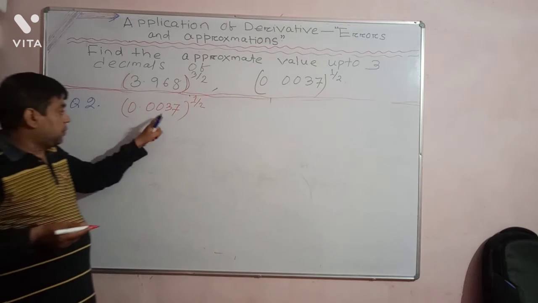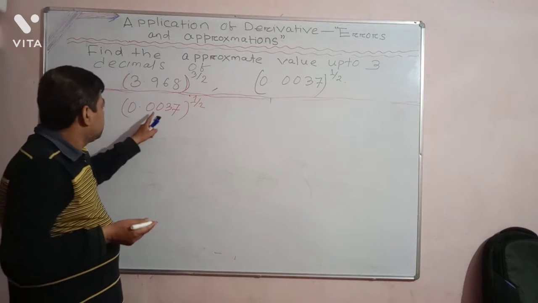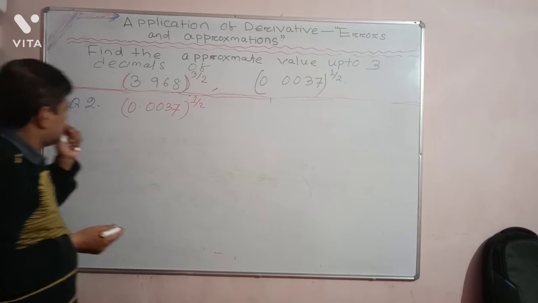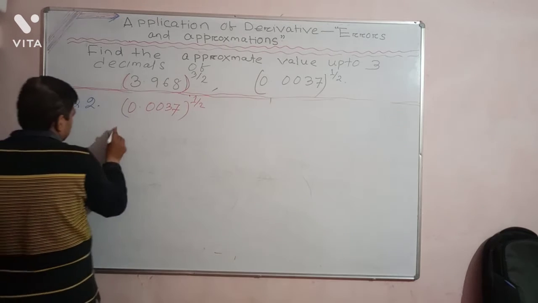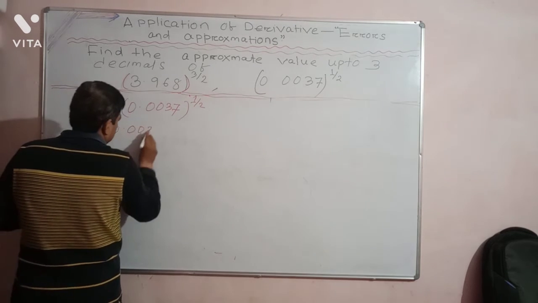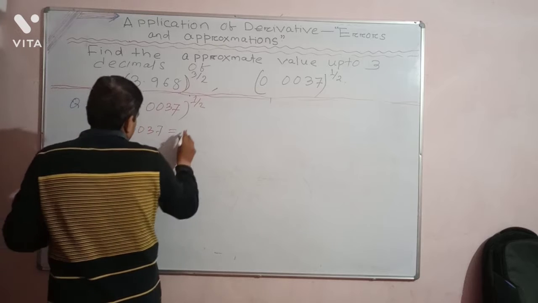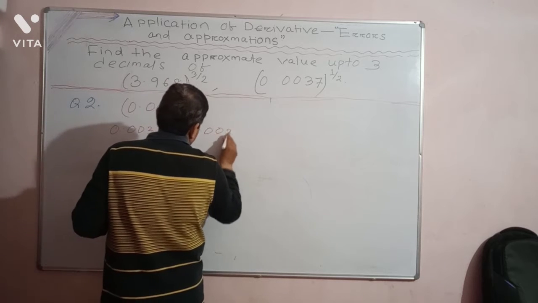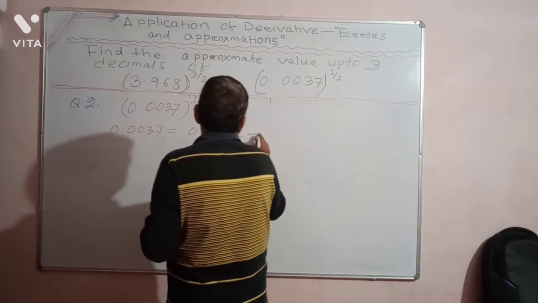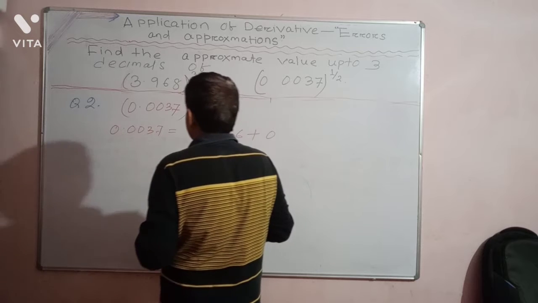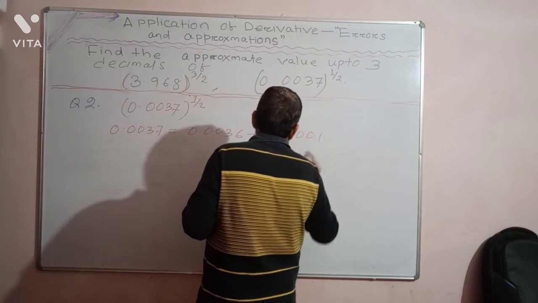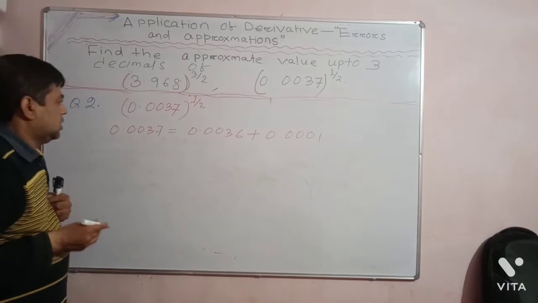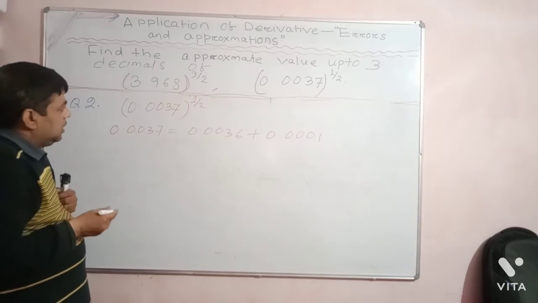So its nearest perfect square will be 0.0036. You can write 0.0037 as 0.0036 plus 0.0001, right? Yes or no? 36 plus 1 is 37.